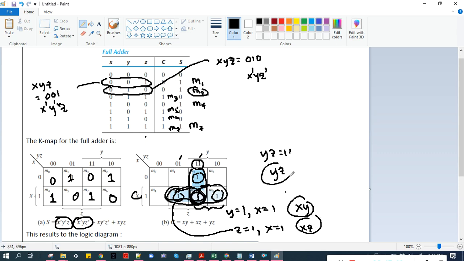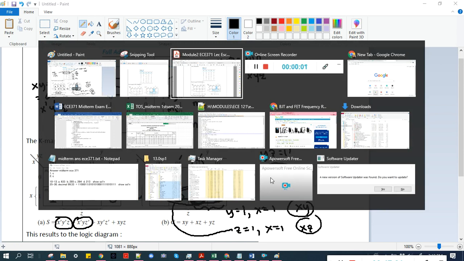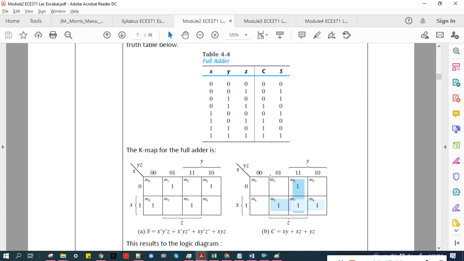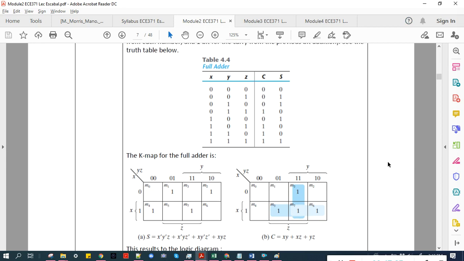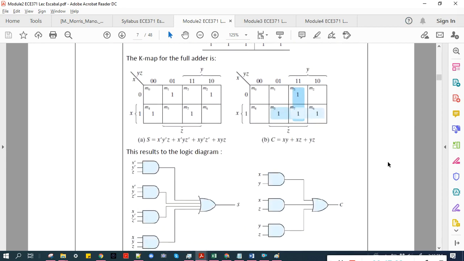So we OR these 3 terms: xy or xz or yz. So we have solved for S and C, the outputs of the full adder.